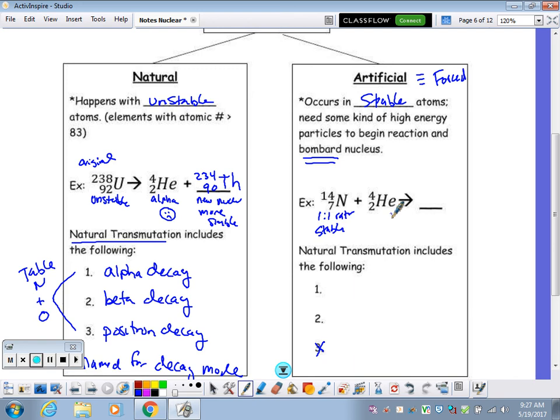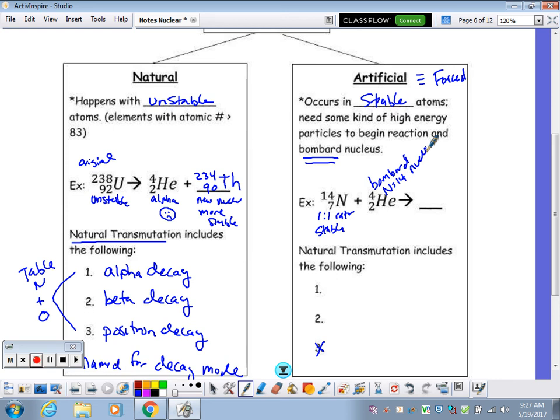This is that high energy particle. This is what is used to bombard N-14's nucleus. And so the N-14 absorbs one of these bombarding particles, and it's forced to change its identity.